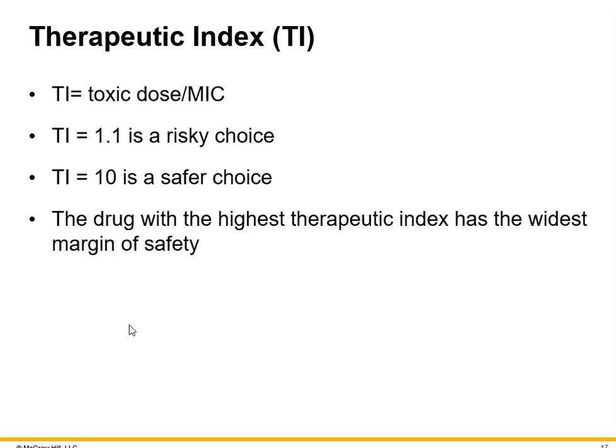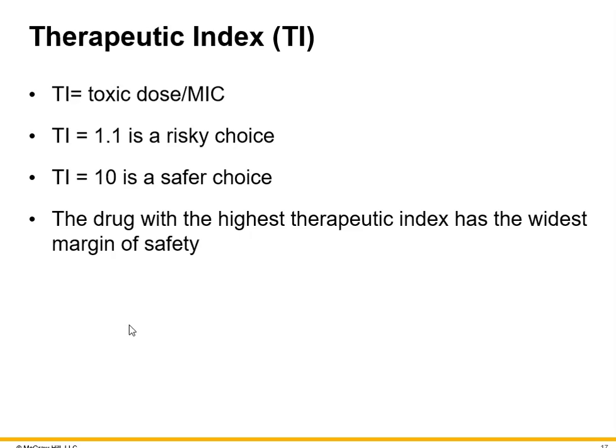In general, if you have a drug with a very high therapeutic index, it's considered to be safer than a drug with a narrow or very small therapeutic index. This is because a drug with a high therapeutic index would be effective well below the dose at which it is potentially toxic. So we want a large number for this.